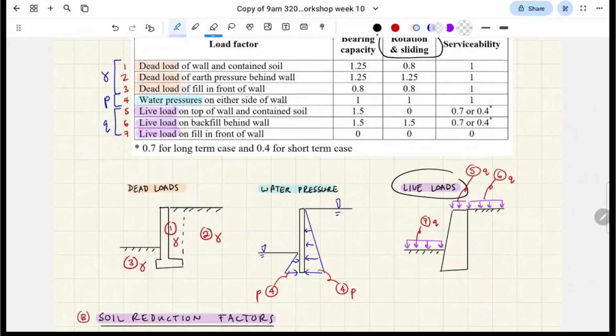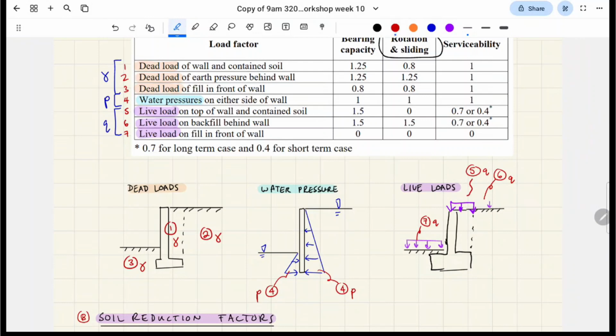Okay, live loads. Let's talk about live loads. Sometimes you'll have live loads on top of your retaining wall, like in region 5 here. If traffic drives on the retaining wall, this would be pretty unlikely, but if it is, that would be that. Actually, what would be more realistic is something like this region here, on top of the cantilever.